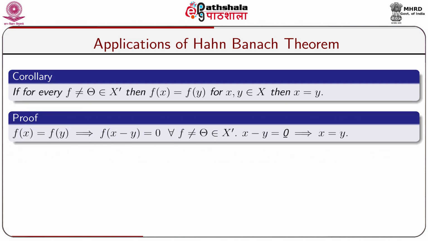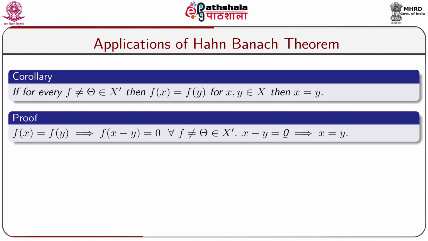So, we take another corollary: if for every non-zero bounded linear functional f taken from X dash, f(x) is equal to f(y) for x, y belonging to X, then x is equal to y. The proof is very simple. If f(x) is equal to f(y), then f(x) minus f(y) is equal to 0 scalar. As f is linear, f(x) minus f(y) is equal to f of x minus y.